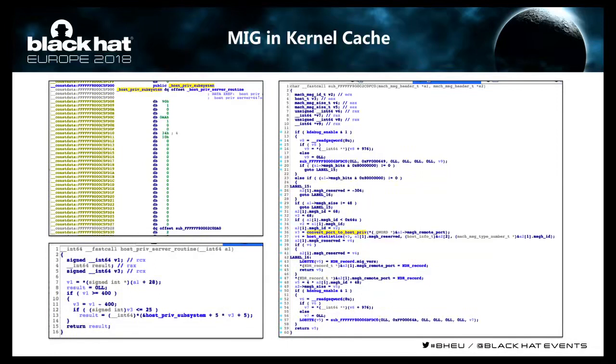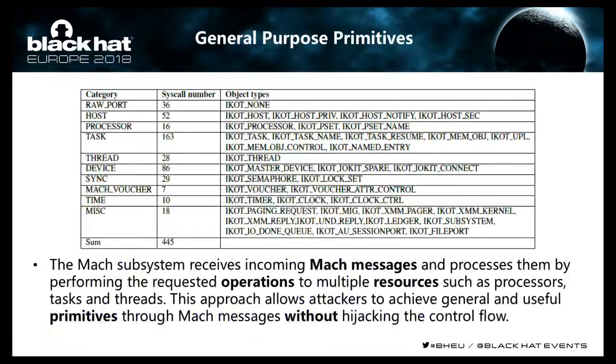So we can use IDA or jtool to analyze the kernelcache and help us to get the offsets. After analyzing the XNU source code and the kernelcache, we divided the POP primitives into 4 categories.